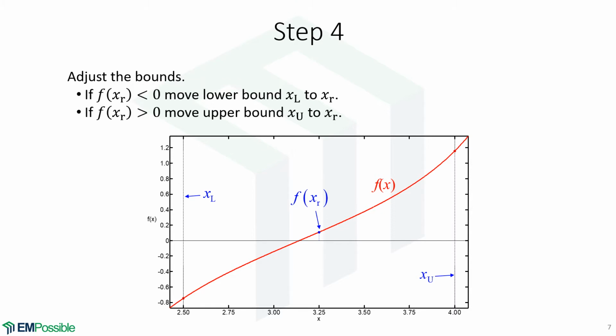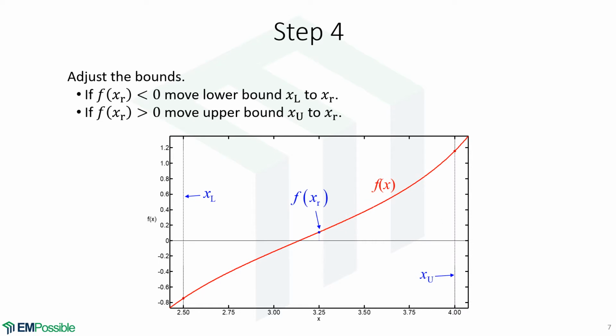The next step is to adjust the bounds. And we do this by looking at that function value. I'll admit there's a little bit more to this story that we'll get to later, but for now, let's keep it simple. We will look at the sign of the function. If the sign is positive at our new guess, then clearly the root has to be to the left, and we will take our upper bound and move it to our guess.